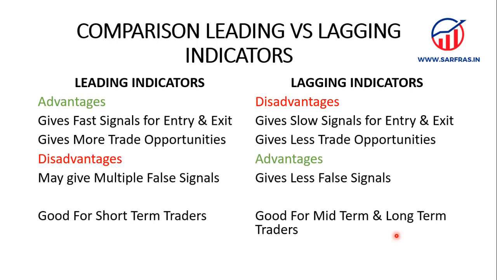So as you can see, it depends on your trading psychology, what kind of trader your personality is. You can't simply pick one of the two, each having its advantages and disadvantages. So based on your trading style, you can choose the leading and the lagging indicators.